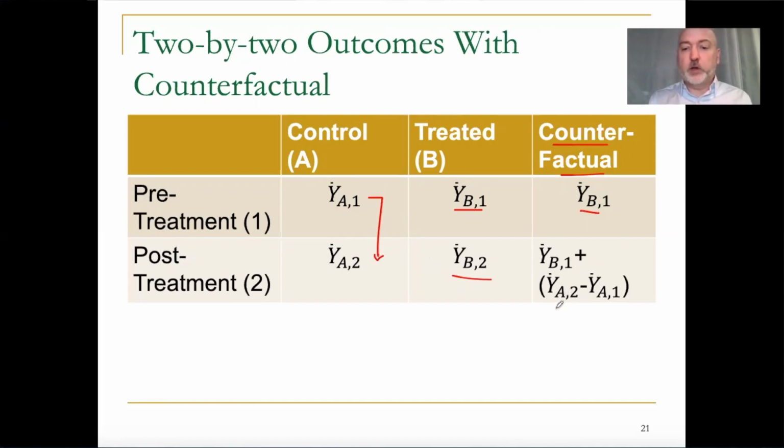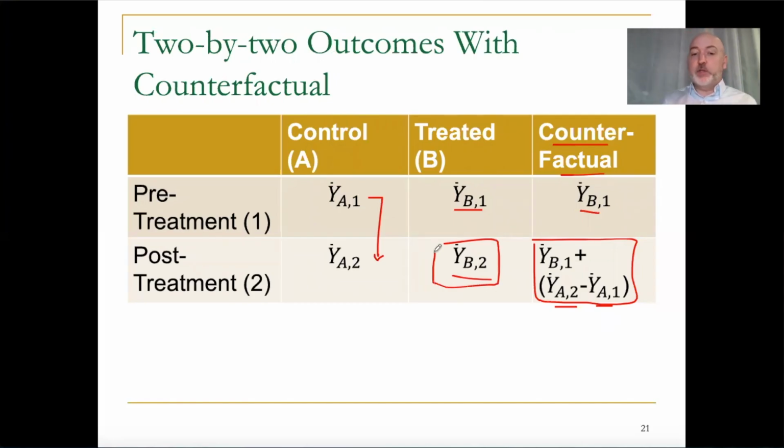So this term here, YA2 minus YA1, that's applying that same slope term. So this is where they would have ended up with a parallel trend to the control group had treatment not occurred, and this is where they actually end up.